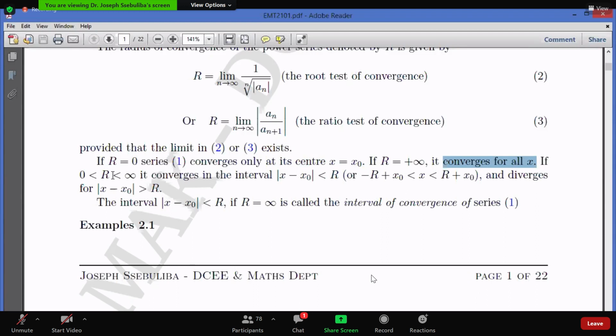Then if R lies between 0 and infinity, we conclude that it converges in this interval here, for |x minus x naught| less than R. Or you can look at this. Remember, this is a norm. It is plus minus. That one can be simplified to minus R plus x naught, which is less than here.